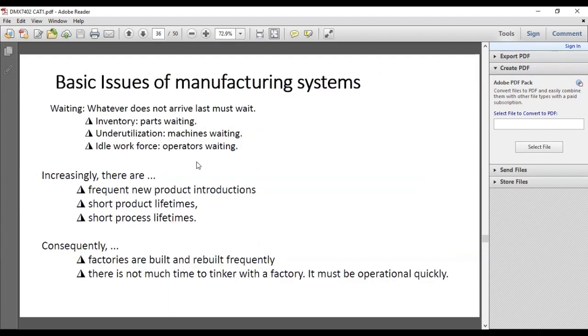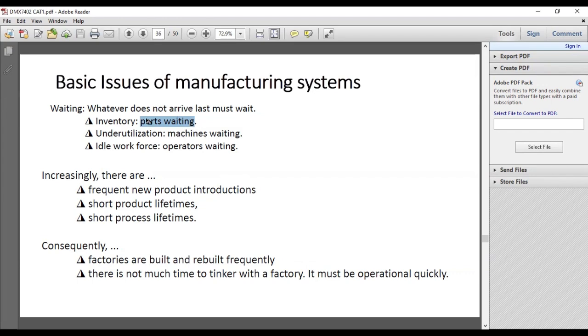The basic problems are, for example, that in a production line, machines have to wait for parts. If several machines are there, all operations might not be done at the same time, so there will be waiting time, so we have to reduce that.